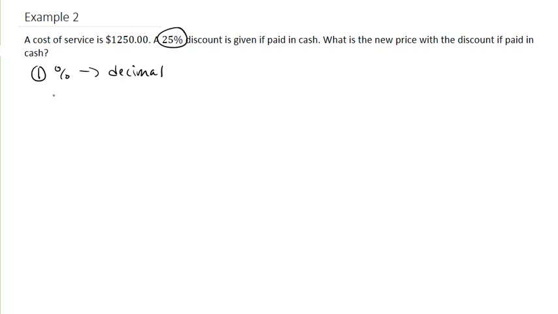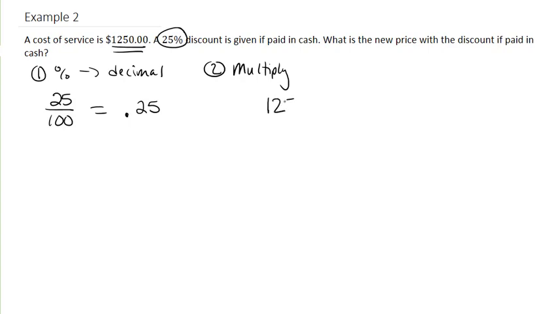So we take the 25, put it over 100, and that will give us 0.25. Next, we're going to multiply that number by our decimal from our percent. So we have 1,250 times 0.25.